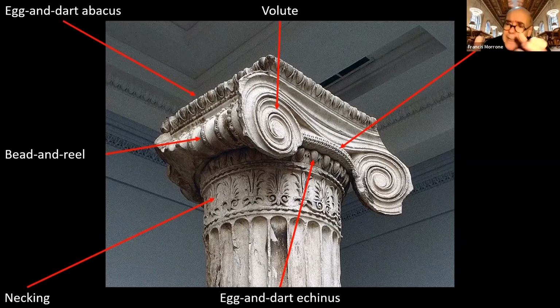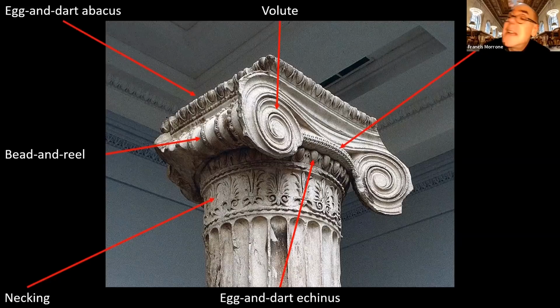They look like they're really sort of wound tight. You see that wonderful braided band, the bead and reel moldings, which are on the sides of the volutes. You see the necking with the palmettes, and you see that the echinus is an egg and dart molding.